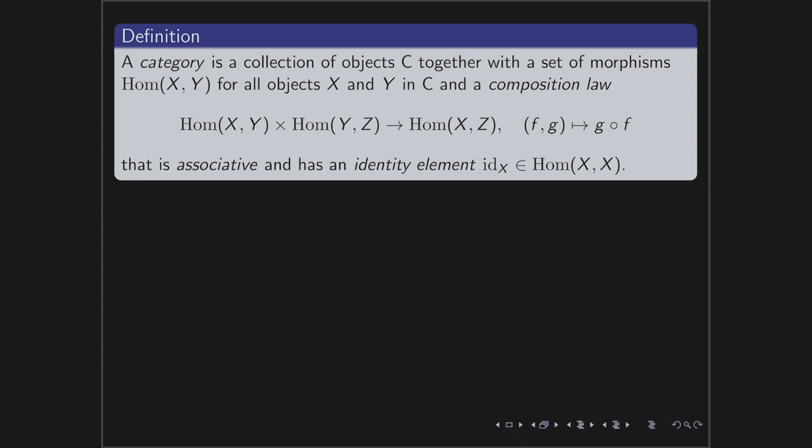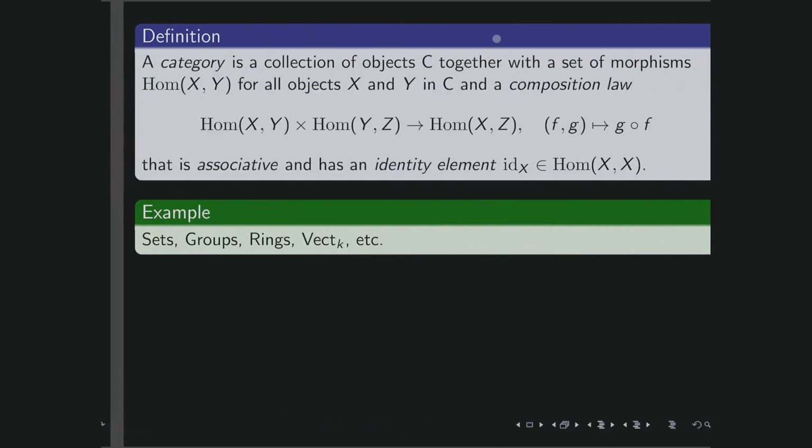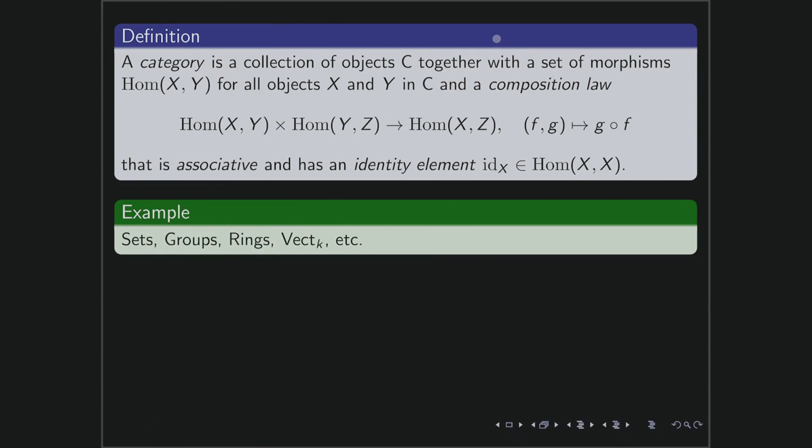So, for example, in the category of rings, we have the ring homomorphisms. Or in the category of groups, we have group homomorphisms. We have various other examples, like the category of sets, where it's just the normal maps between sets, and we also have the category of topological spaces, etc. So this is the example that I have here. Usually, I use this notation for categories.